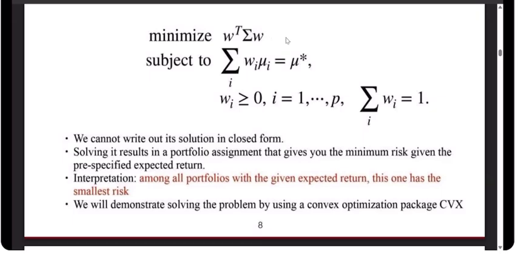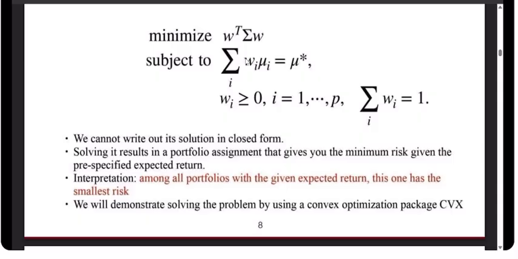Then there's another one that will say, given a particular level of risk, how can I maximize expected return? That's another version, but the version that I'm considering right now is minimizing risk given expected return.